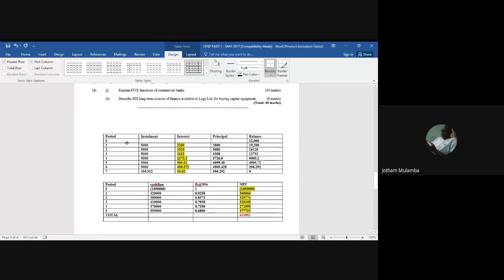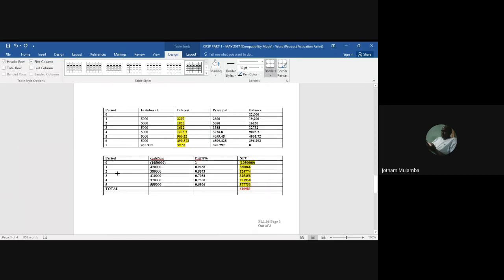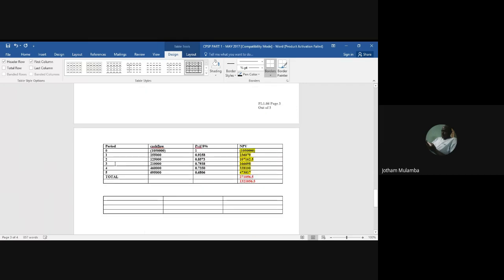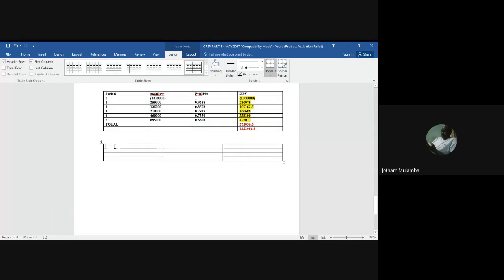We start with Project X. We'll only take the period and cash flow, so I'll copy that and paste it here.